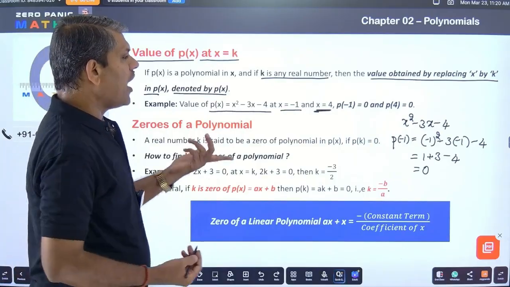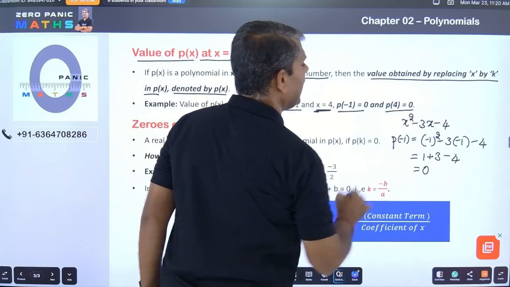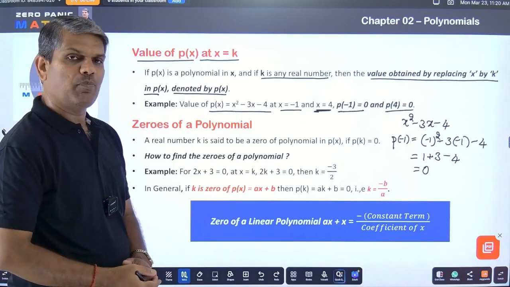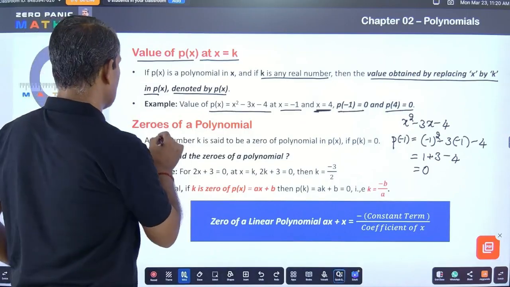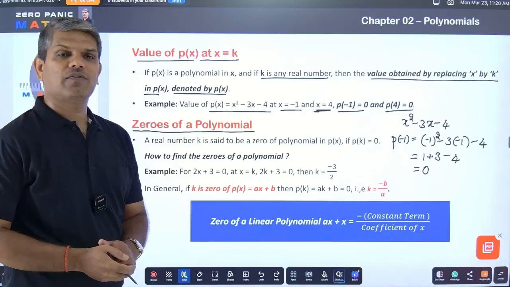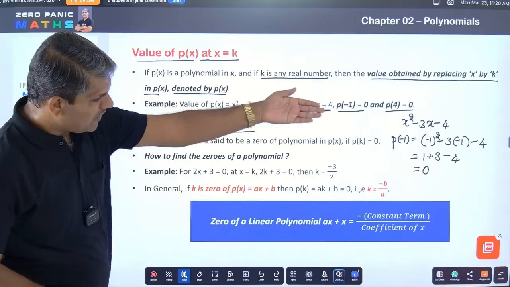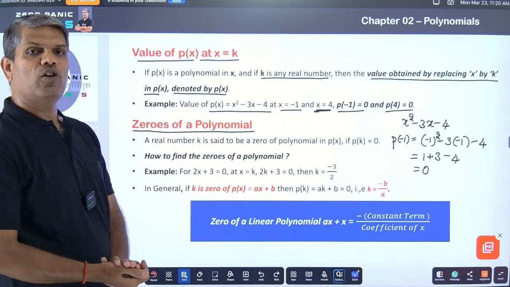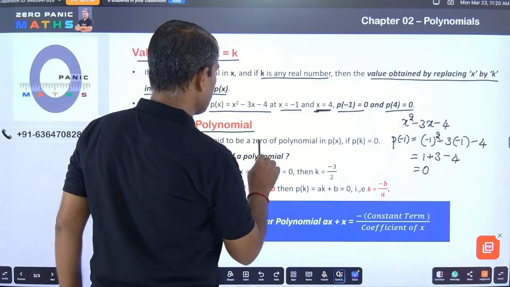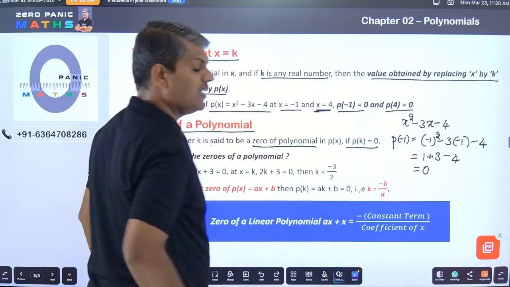Now why am I defining these k values, which give us 0 as the value of the polynomial? Because that is called a zero of a polynomial. Now we are going to define another feature of the polynomial, called zeros of a polynomial. A real number k is said to be a zero of a polynomial if p of k is equal to 0.